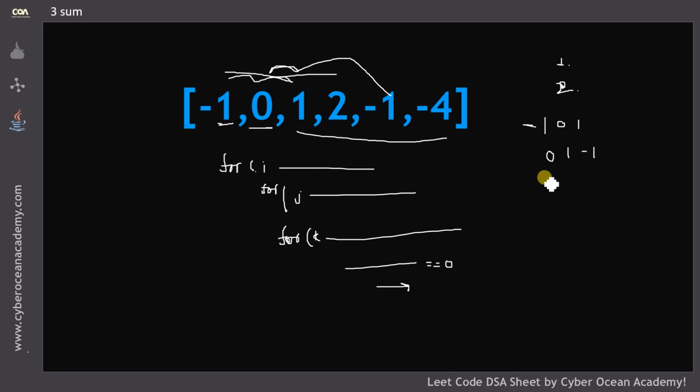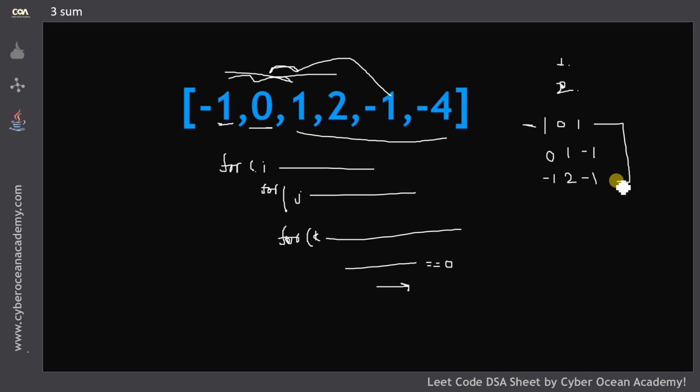Same way -1, 2 and -1 is another triplet. Also you can go for -1, 0 and 1, and same way 0, 1 and -1. So these are the triplets whose sum is equal to 0, but we have to consider only the unique triplets.